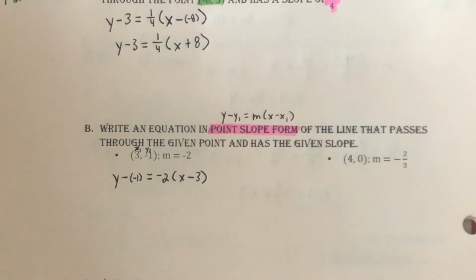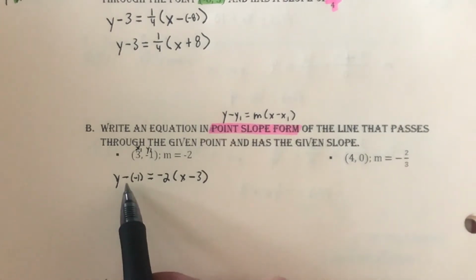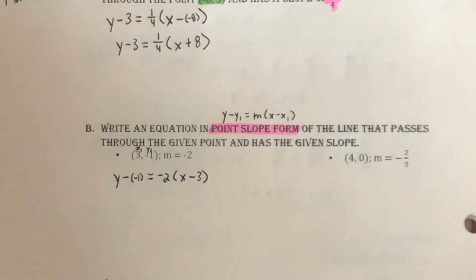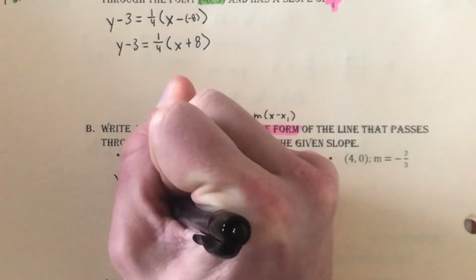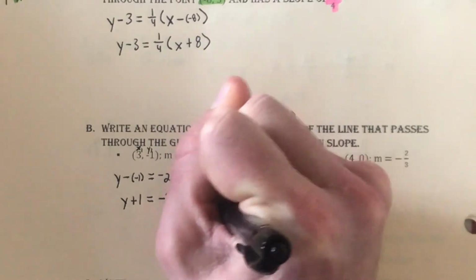Well, I've got it into point-slope form, but I need to simplify it. All I need to do to simplify this one is, I've got this double negative here, so I need to turn that into a positive. So this becomes y plus 1 equal to negative 2 times x minus 3.